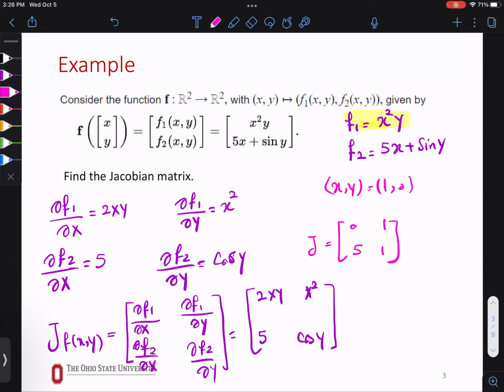Now, to form the Jacobian, in this example I gave you F1 and F2, right? For a specific robotic system, for a manipulator, how do we find F1 and F2, our functions? How do we know first how many we have, and then how do we find them? That's the big question.